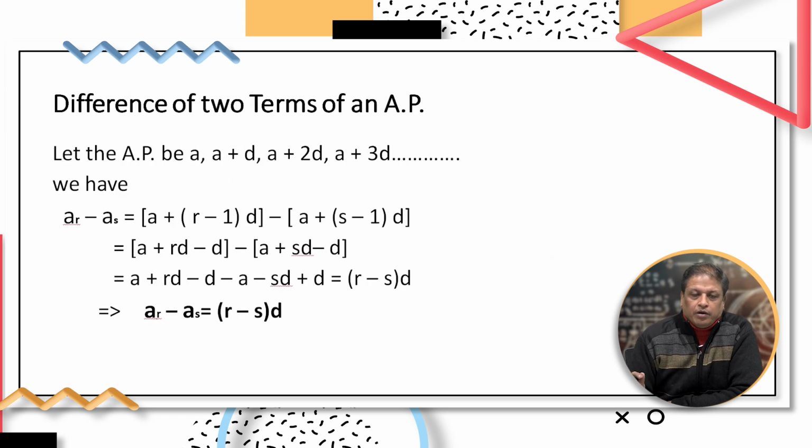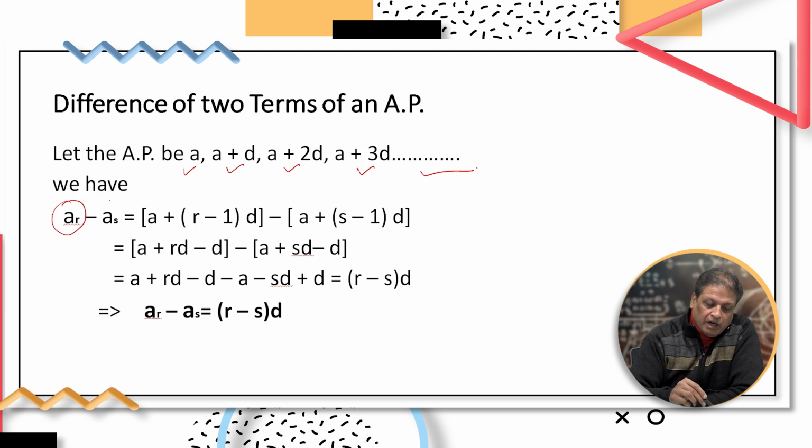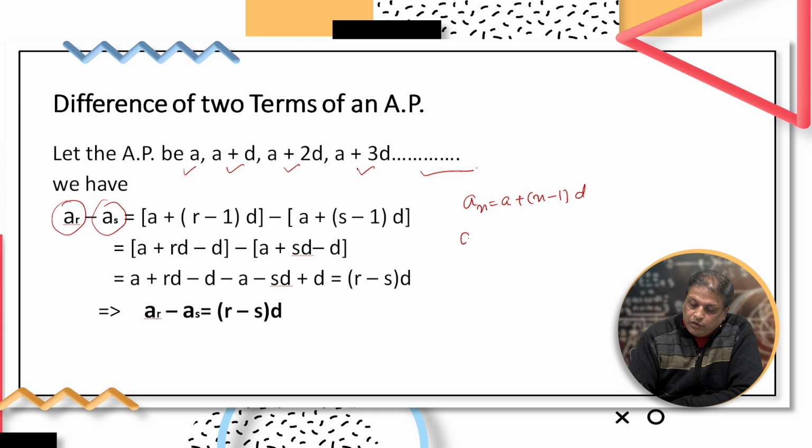Now let's extend our discussion to another important concept, that is the difference of two terms of an AP. Say we have an arithmetic progression a plus d, a plus 2d, a plus 3d and so on, and say we want to find the difference between two terms. Say there is an rth term a r and an sth term a s. Following the formula a n is equal to a plus n minus 1 d, the rth term will be a plus r minus 1 into d and the sth term will be a plus s minus 1 into d.